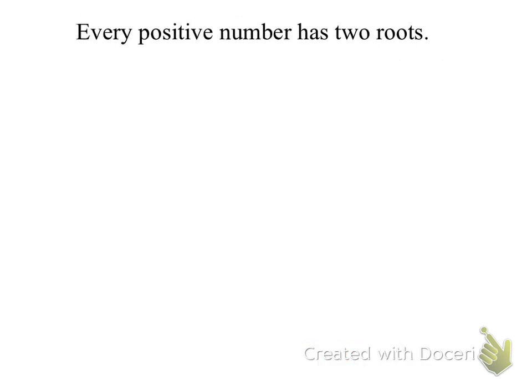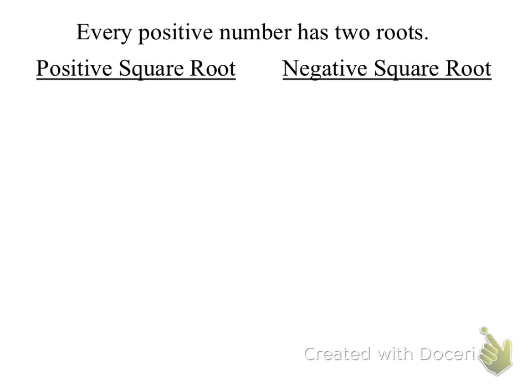Which brings us to start talking about some of the language. Every positive number has two roots. We call it a positive root and a negative root. The positive root is what you guys have been seeing for a while. We call this the principal square root. You do need to write this down and know the language in this portion.